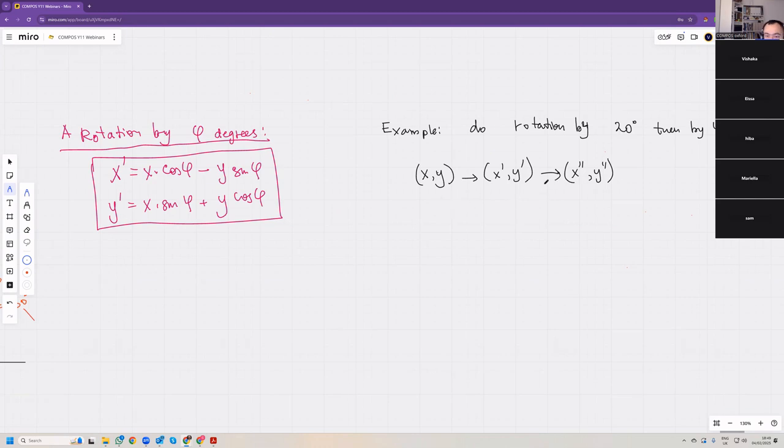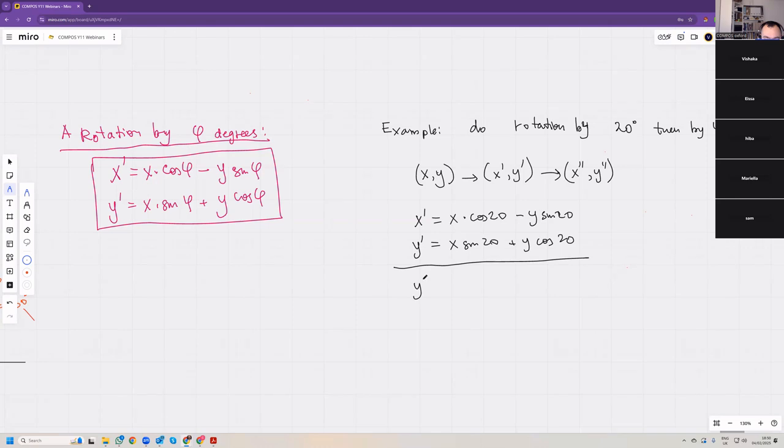So the first transformation is by 20 degrees. So x dash is equal to x multiplied by cos 20 minus y sine 20. Y dash is x sine 20 plus y cos 20.